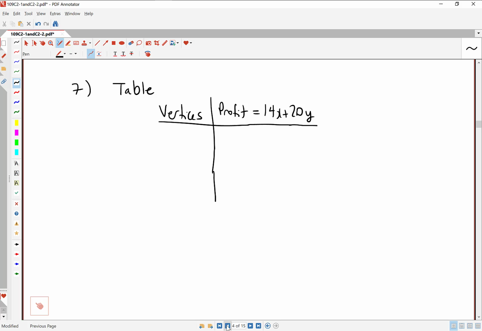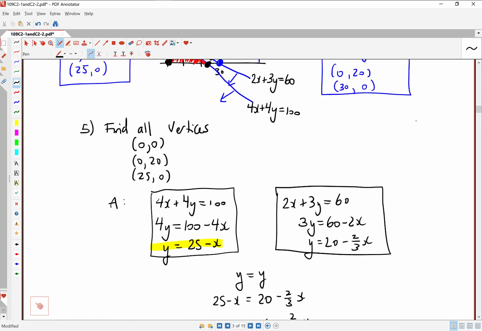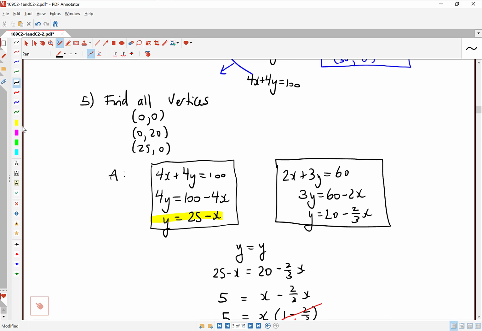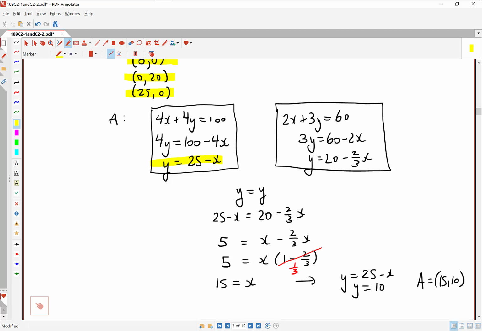So let's scroll back to where we had our feasible set. Here it was. We wrote down our vertices. They were 0, 0, 0, 20, 25, 0, and then remember there was that fourth one that required a little bit of work, which was 15, 10. Okay, so let's write those down.